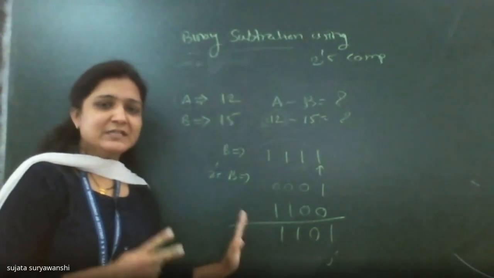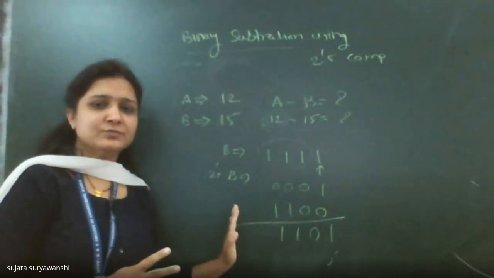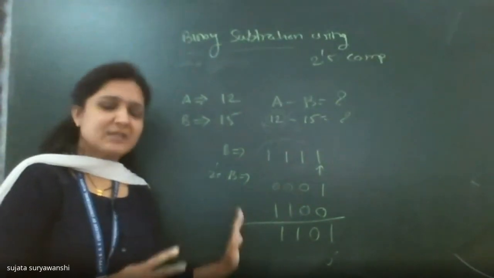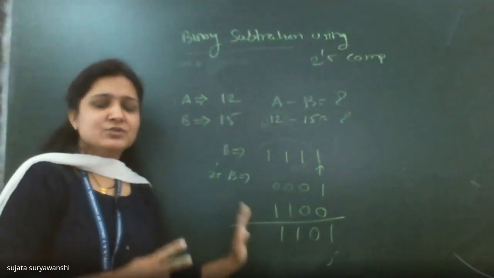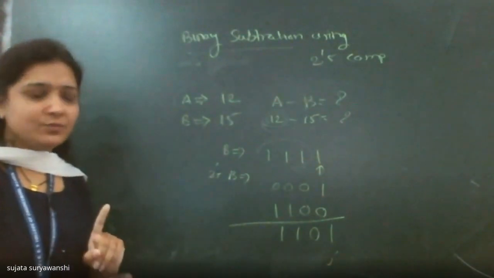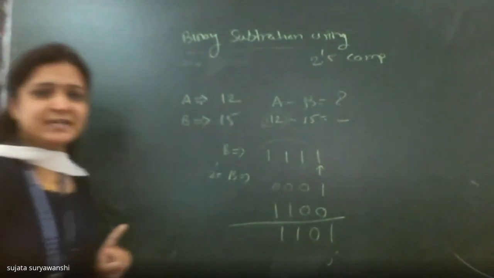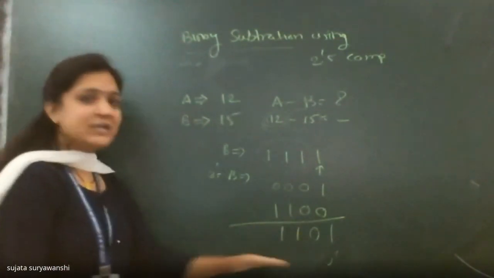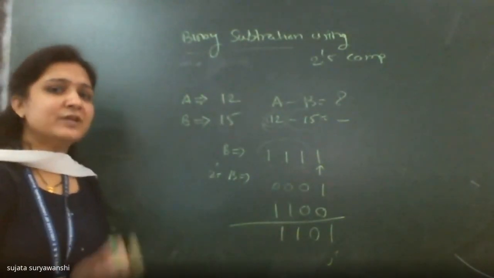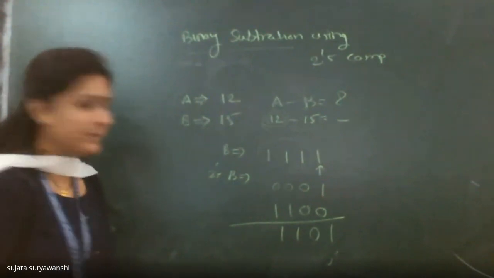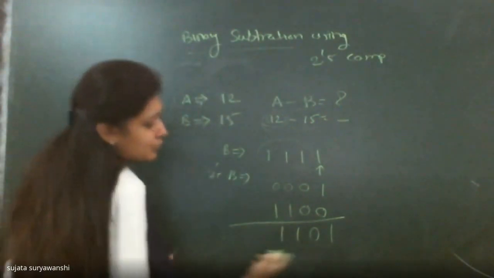So is your result in true form or not? Yes, it is not in true format, and your result is negative. We can see the sign is negative. To get it into true form, you have to convert it into 2's complement form again.